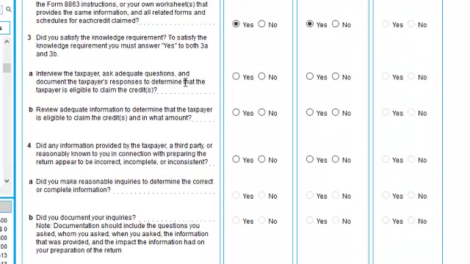Ask adequate questions and document the taxpayer's responses to determine that the taxpayer is eligible to claim the credits. We did ask them, did the child live with them for 6 months, and that's pretty much it, qualifying them for the earned income credit.